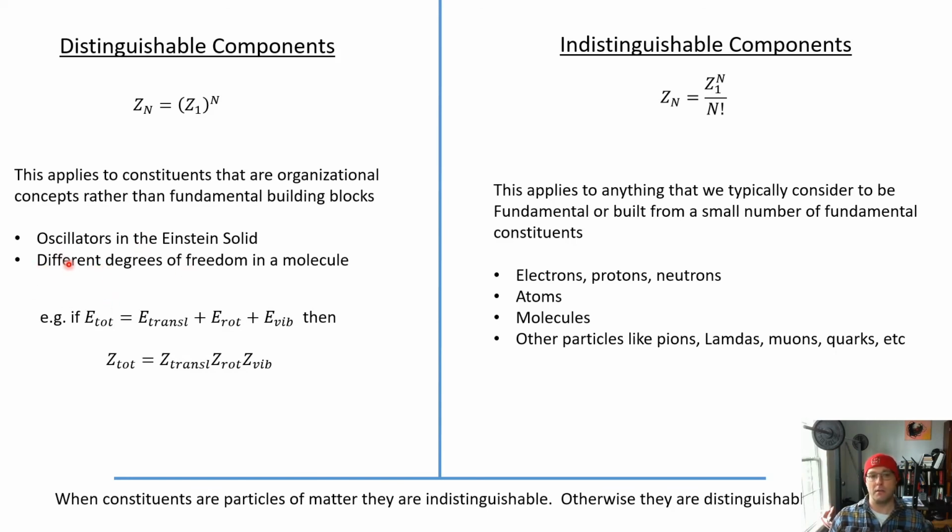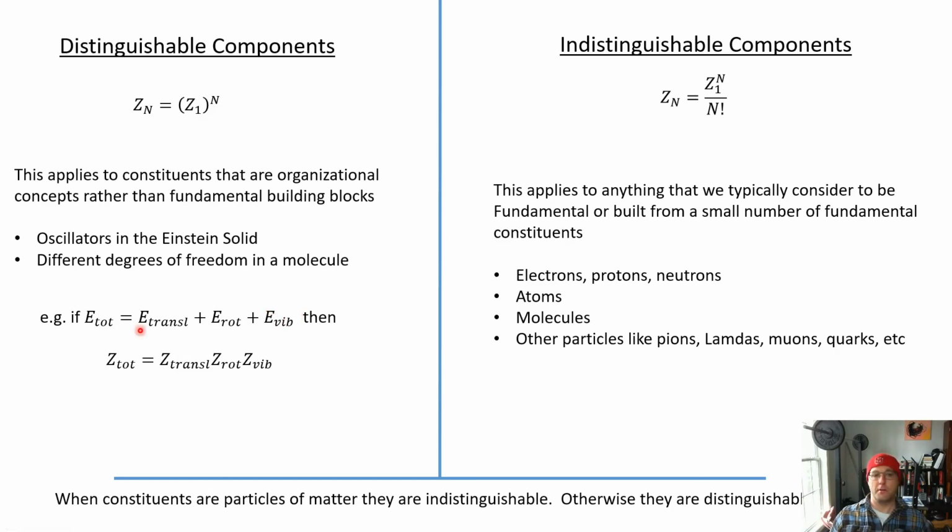The second way to say this, and it's just another example of the oscillators in the Einstein solid, is that anytime you're dealing with different degrees of freedom, these are just organizational principles. They're like breakdowns of different modes, rather than actual particle constituents. So the example is, what if you wrote the total energy of a molecule as its translational energy, its rotational energy, and its vibrational energy, right?